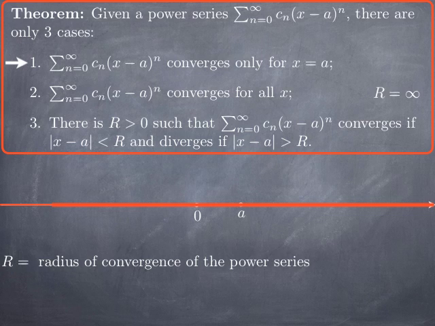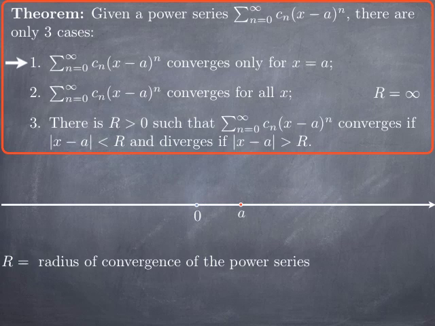Similarly, the first case, where the series is converging only at x equal a, can be thought of as the case where r is 0 and the entire interval centered at a collapses on the singleton a. So that will be the case where r is equal to 0. In other words, we include 1 and 2 in some sense in case 3 by allowing r to take the value 0 or infinity.